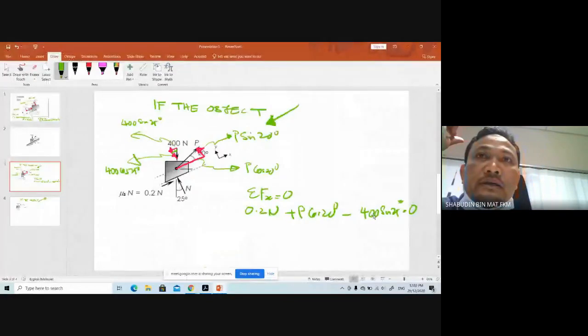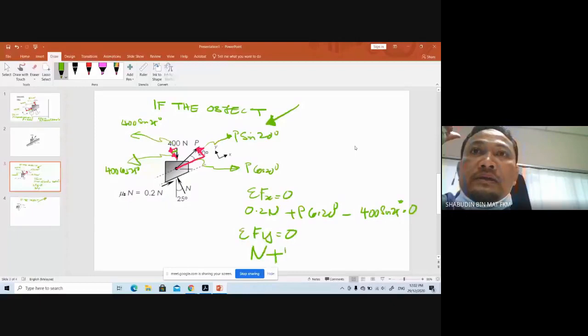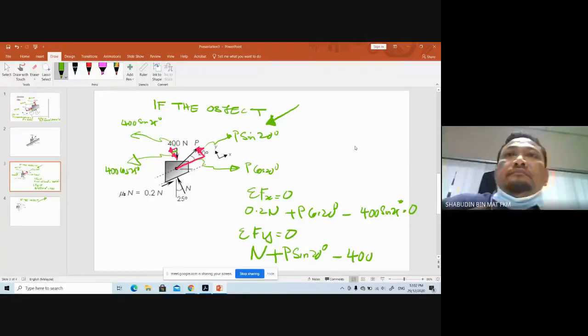And then summation of force in Y is equal to 0. You have N plus P sine 20 minus 400 cos 25 degrees, that equal to 0.